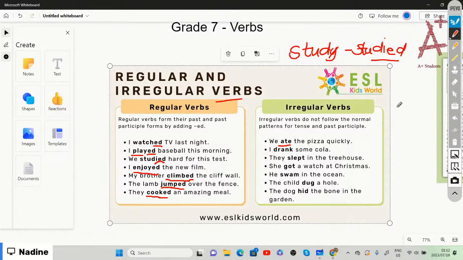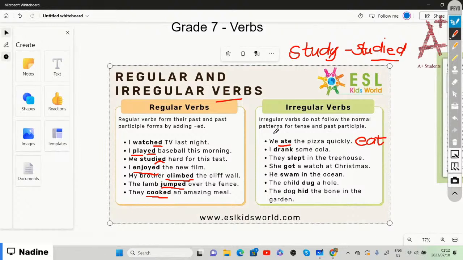The present tense verb is eat. So eat being the present verb, ate being the past verb. So we eat pizza now, but we ate pizza quickly, right?